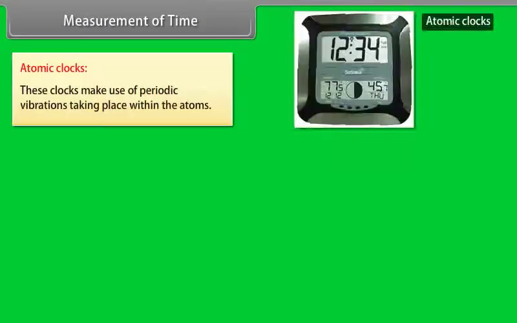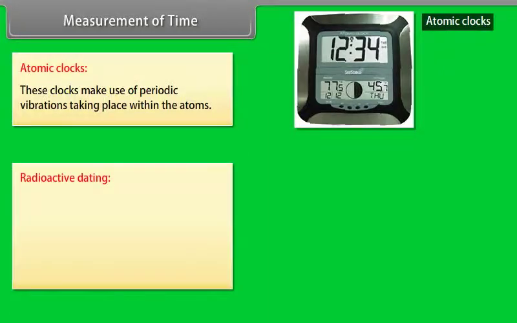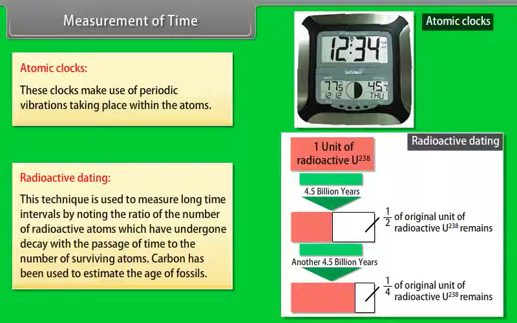These clocks make use of periodic vibrations taking place within the atoms. Radioactive dating. This technique is used to measure long time intervals by noting the ratio of the number of radioactive atoms which have undergone decay with the passage of time to the number of surviving atoms. Carbon has been used to estimate the age of fossils.